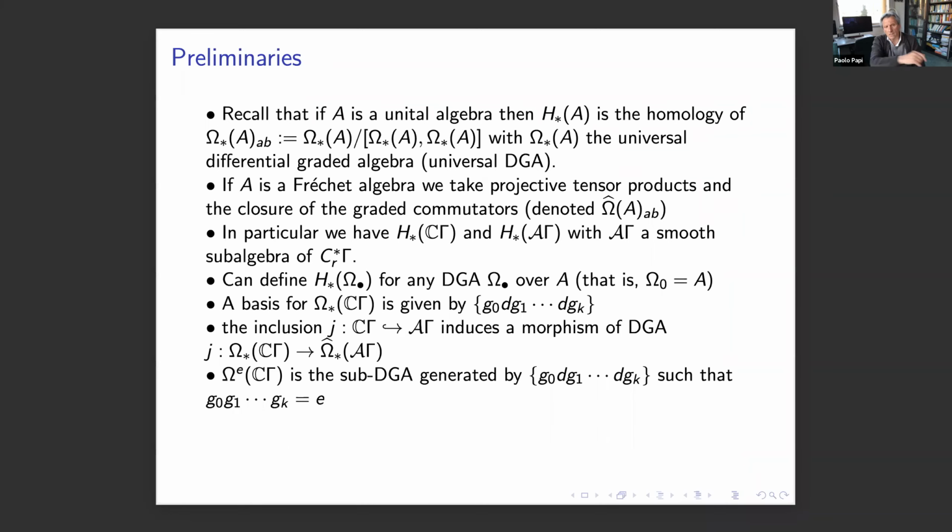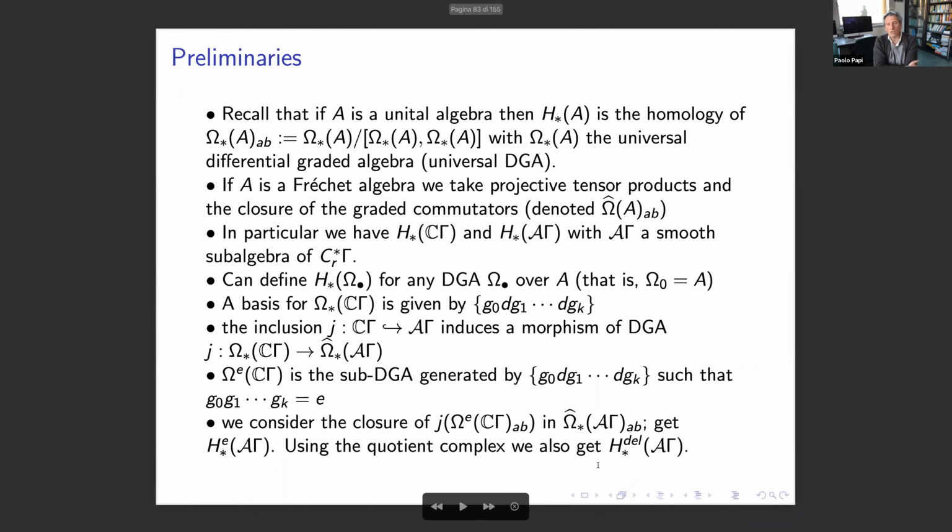Now, in the complex of non-commutative differential forms, you can take the forms which are concentrated at the identity element, namely, you have this condition. And you can take the closure of these inside the complex for the Frechet algebra. By definition, this is the non-commutative de Rham homology of A gamma localized at the identity element.